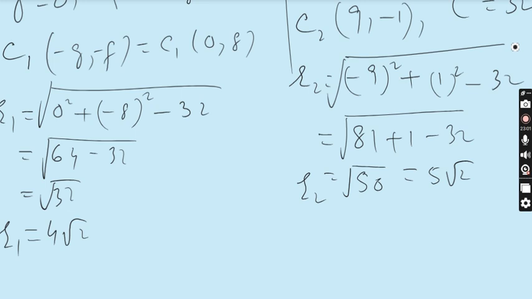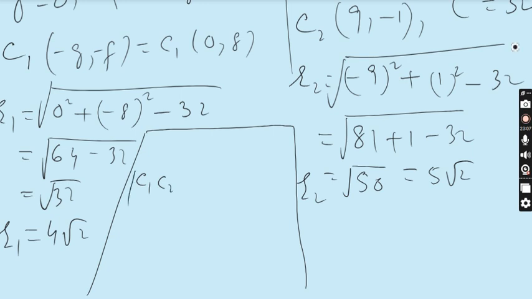Now find the distance between the centers. C1 we have obtained is 0, 8 and C2 we have obtained is 9, minus 1.